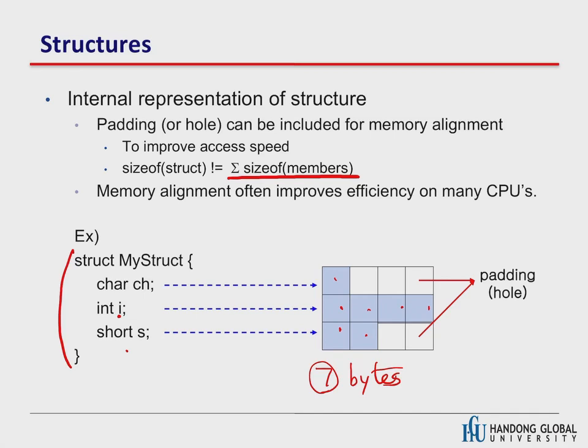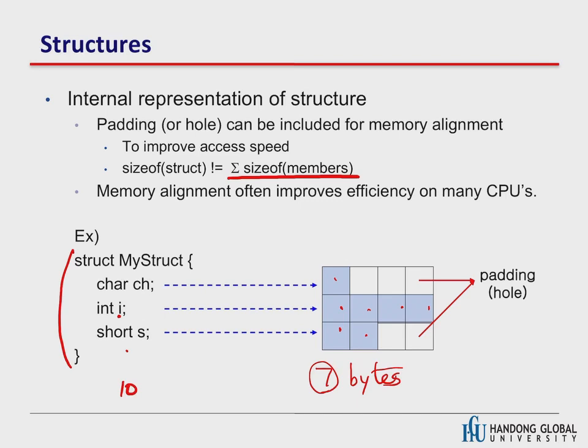So if we allocate memory space, we allocate just the 7 bytes. And if we have an array of 10 elements of this structure, then we need 70 bytes. Every element occupies just 7 bytes. 7 bytes and 7 bytes and 7 bytes. That's not that beautiful.